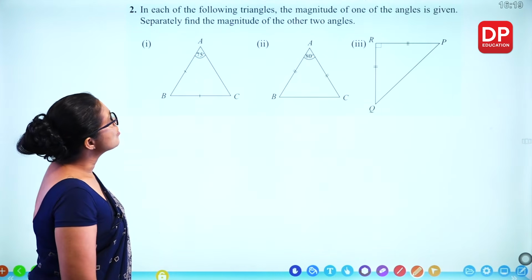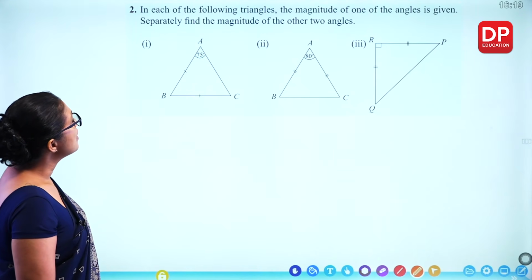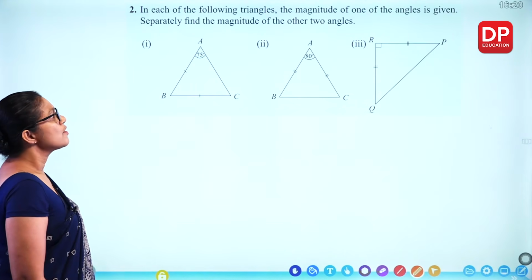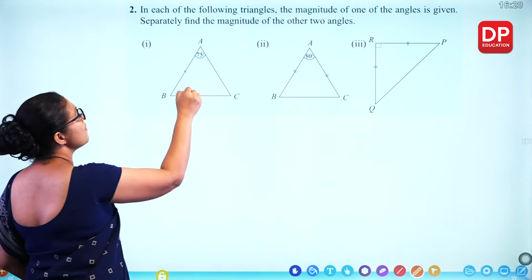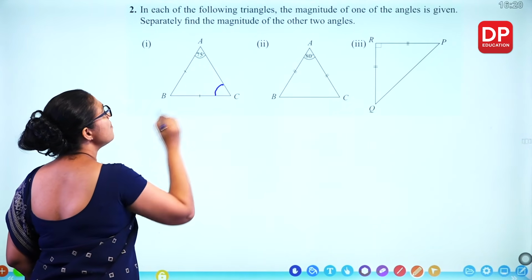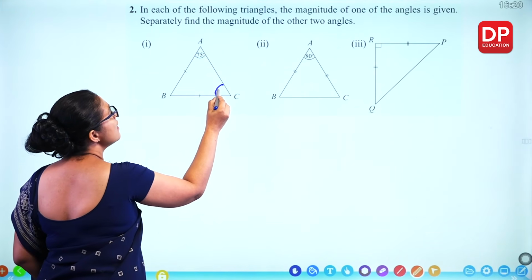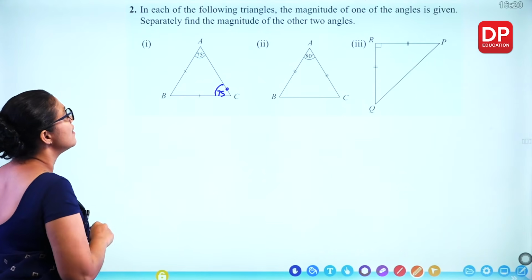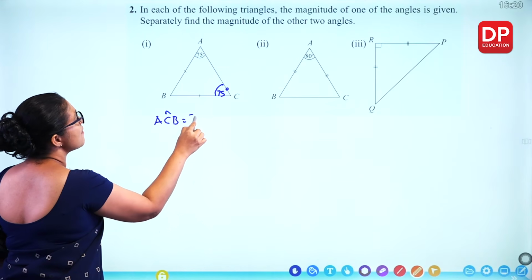Now we'll move to the second question. So in the second question, you have given three diagrams there. You are asked to find out magnitude of other two angles. Okay, so this is given as isosceles because two lines are given equal. So that means straight away we can apply the theorem, opposite angles also equal. So here what can we say about this angle? This is 75. So we can straight away write ACB angle is 75.